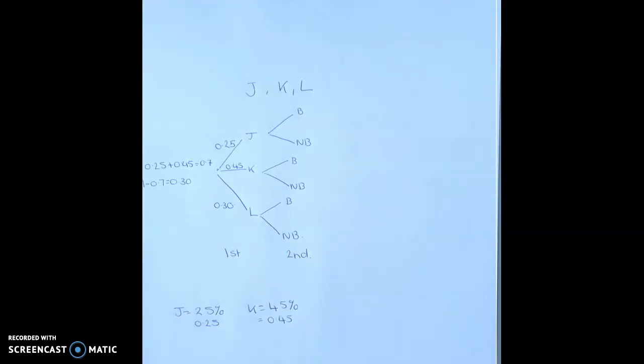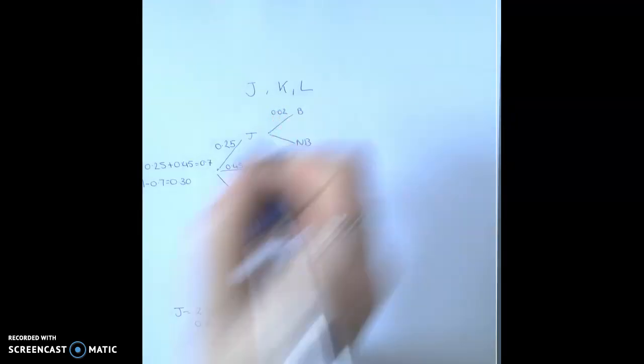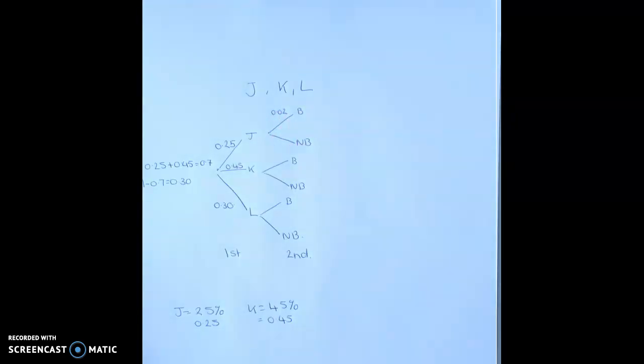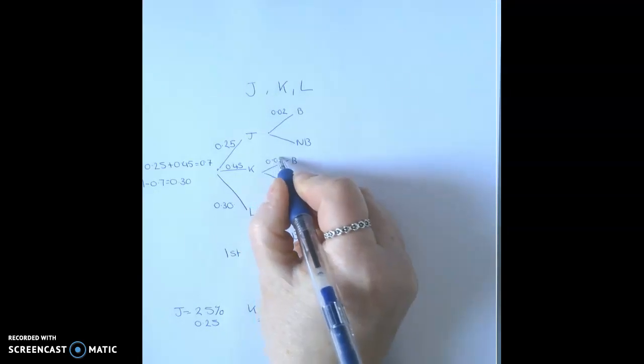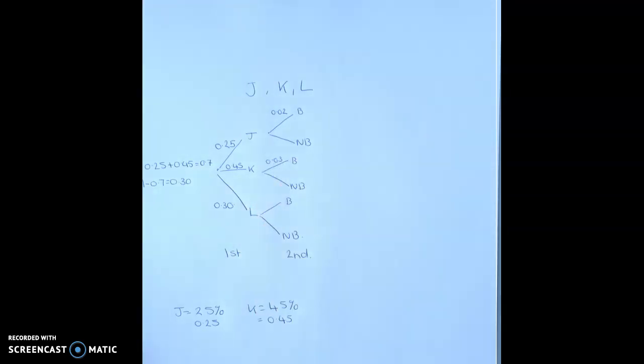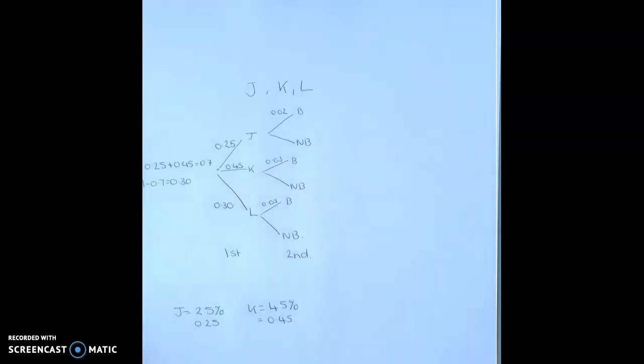Now we know also that 2% of the biscuits made by machine J are broken. And we know that 3% of the biscuits made by machine K are broken. So that's 3% there. And we know that 5% of the biscuits made by machine L are broken. Okay.